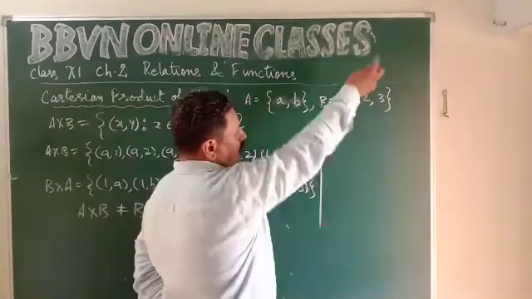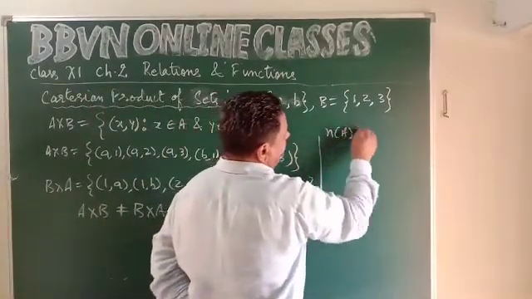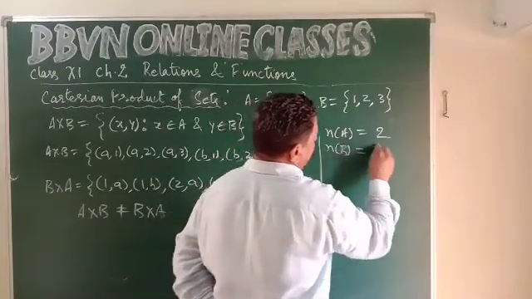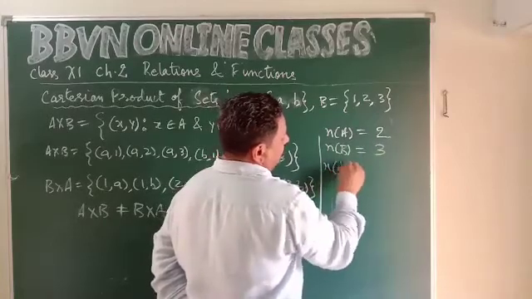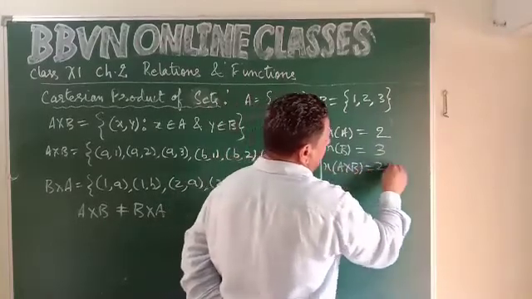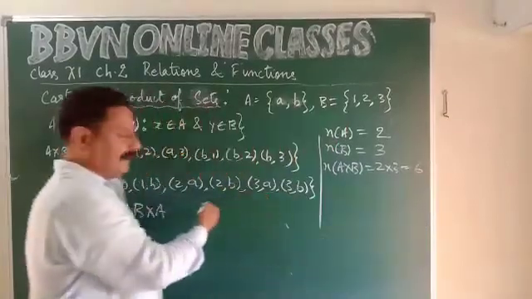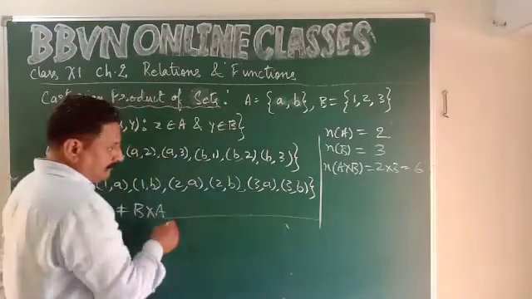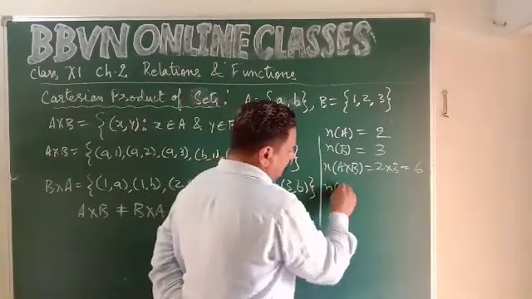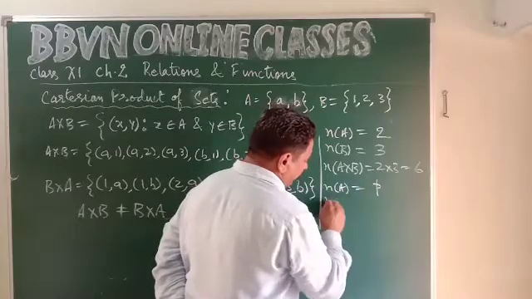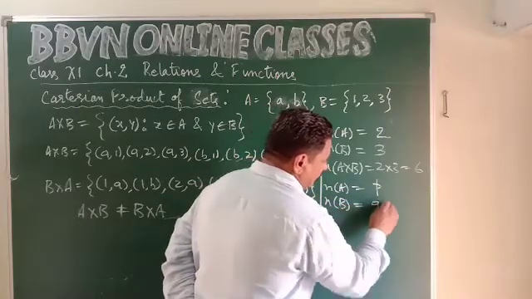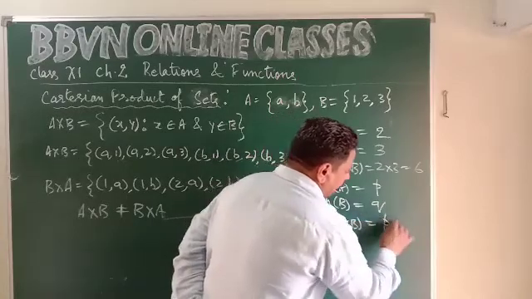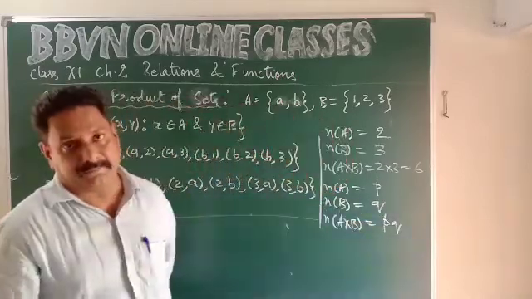Okay, now one more thing. Number of elements in set A, how much? 2. Number of elements in set B, how much? 3. Number of elements in A cross B is 2 into 3. How many ordered pairs do we have? 6 ordered pairs. So children, for any two non-empty sets, if the number of elements in A is equal to p and the number of elements in B is equal to q, then the number of elements in A cross B will be equal to p into q, the product pq.